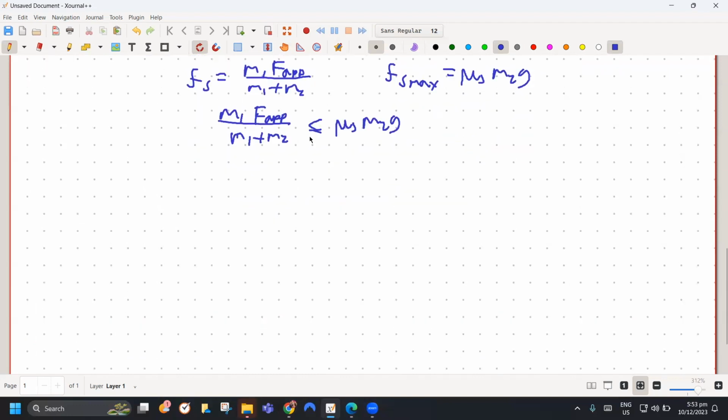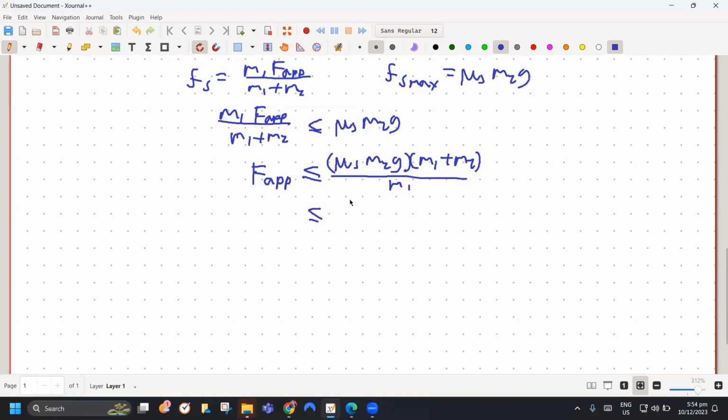Now, from there we have a restriction on F applied. What inequality must F applied satisfy? Divide by M1. Now compute the right-hand side.